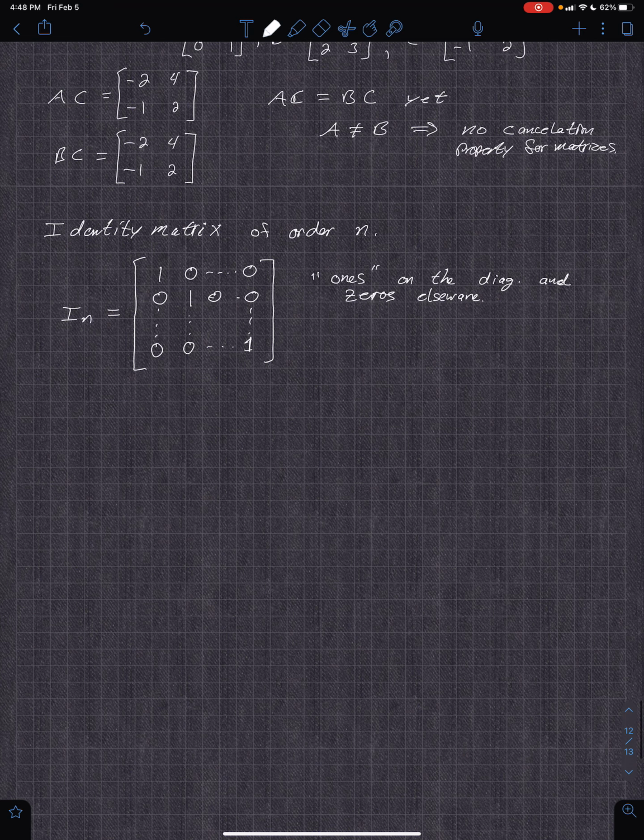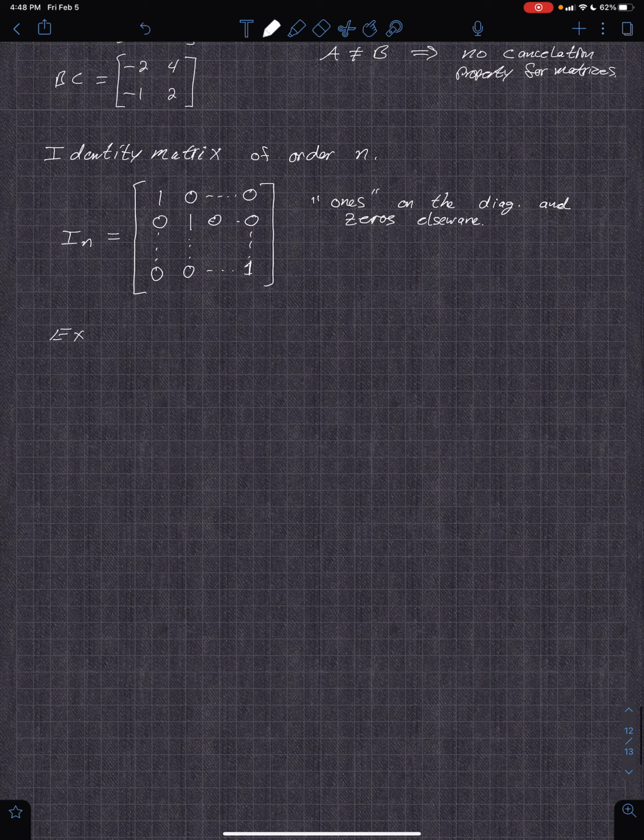All right, so just a little example here, a simple one. We want a times 1 equal to 1 times a, which is equal to a. We want that to be true for all real numbers a, and 1 is the multiplicative identity for real numbers.